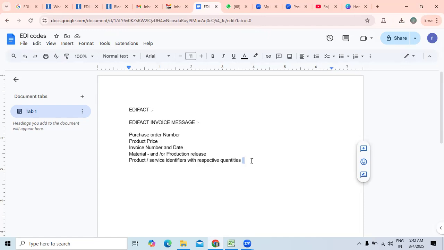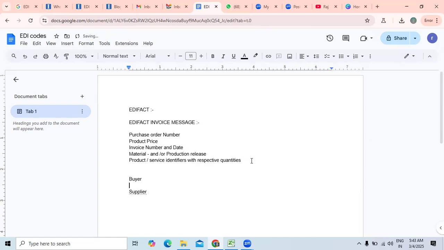But now we need to know about the process flow, how the process takes place. This process flow is something one needs to understand. When you're trying to understand the process flows, especially for EDIFACT invoices, there are two parties. One is the buyer, and the second is the supplier.